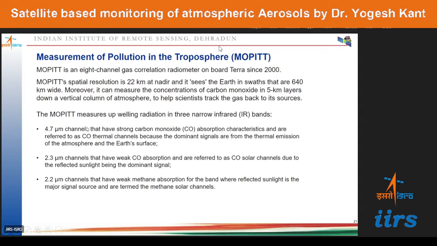For this, the 4.7 micrometer channel and the 2.2 and 2.3 micrometer channels are used to measure the strong and weak absorption bands of carbon monoxide. And for methane, the channel around 2.2 is used as an absorption channel. And from the absorption channel, the concentration of the particular trace gas is measured.